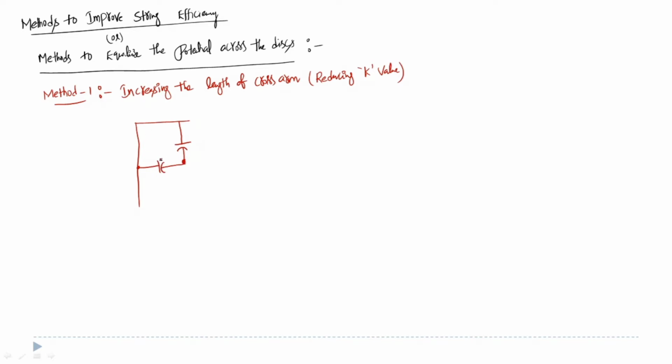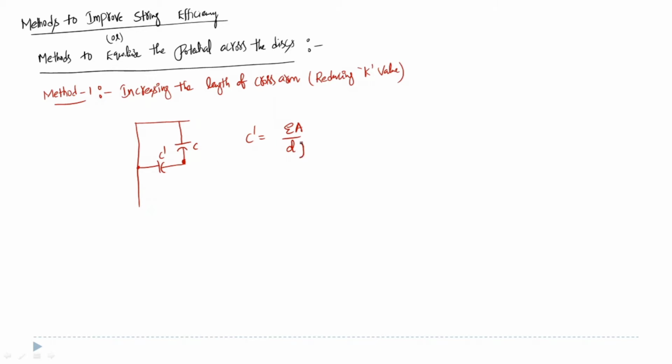It is the shunt capacitance, C dash, and it is C dash equals epsilon A by D. Epsilon is the permittivity of the air medium between this metallic link and this metallic support. You have an air medium which is the dielectric material. So this is the permittivity of that dielectric material, and this is the area. So we don't bother about these, we cannot change them also, but we can change this, right?